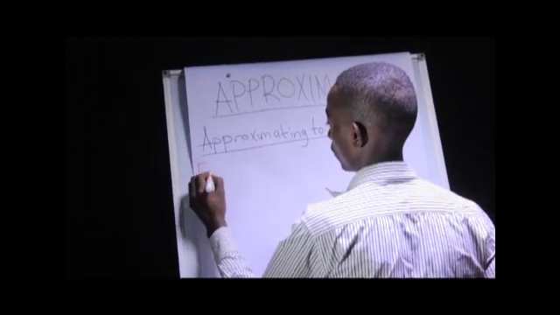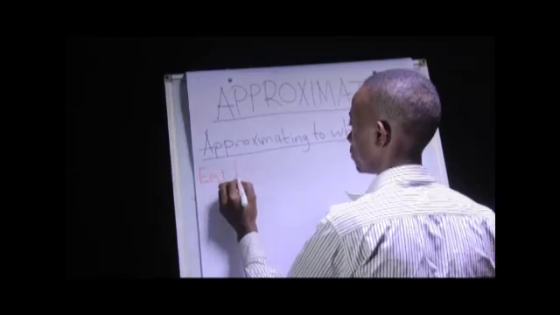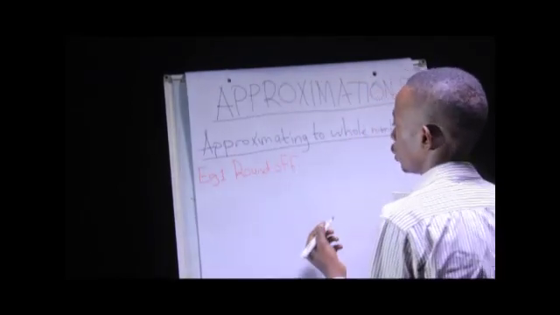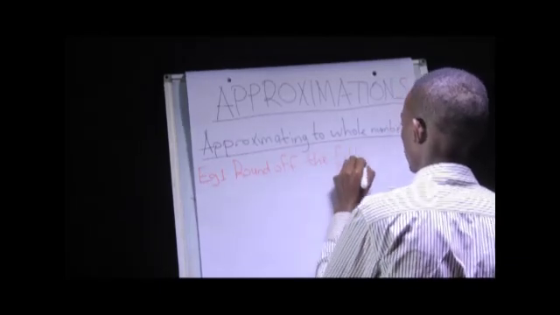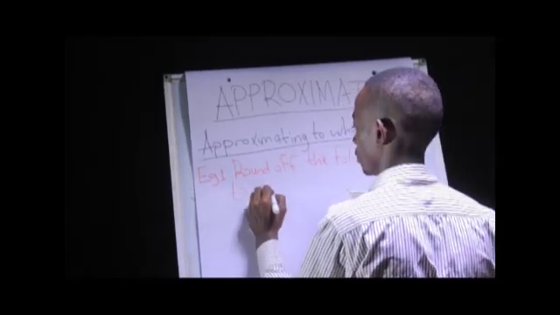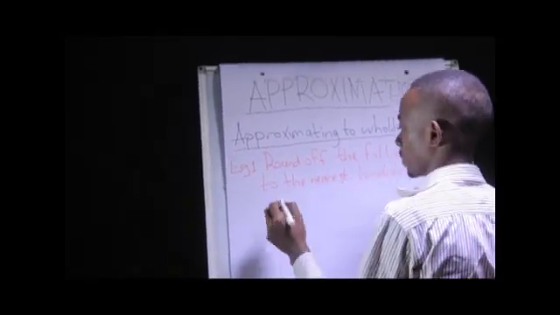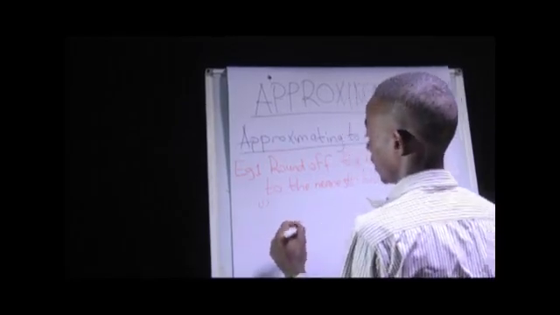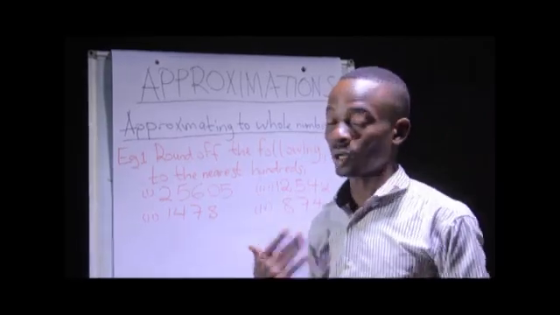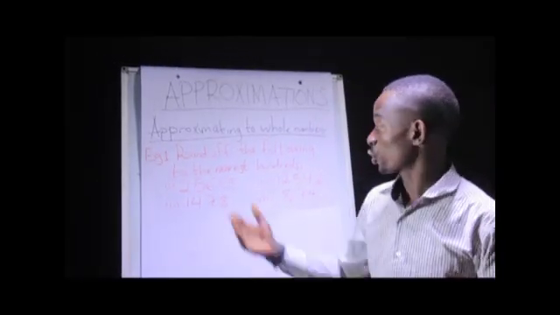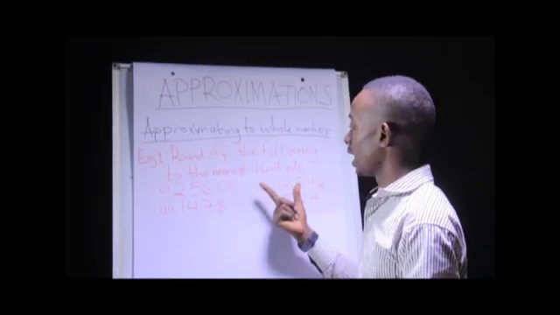So my example number one could be: round off the following to the nearest 100. If these are my examples and I'm told to round off, that can mean approximate. So here basically I'm being told to approximate the following numbers to the nearest hundreds.